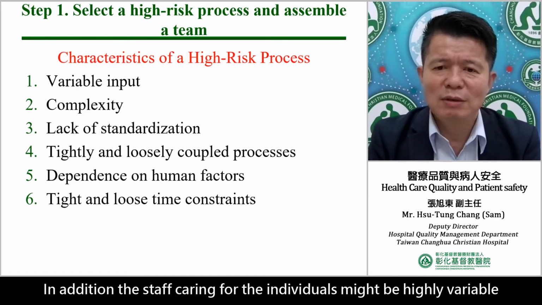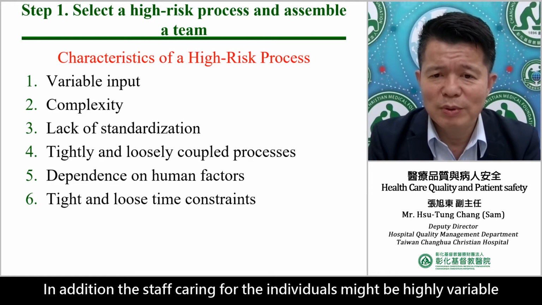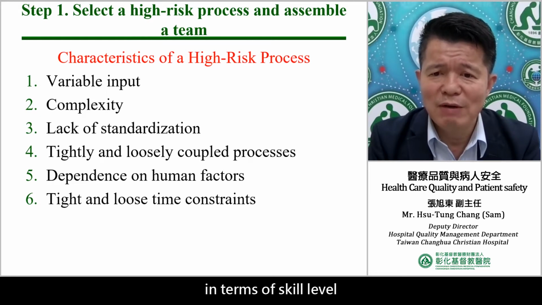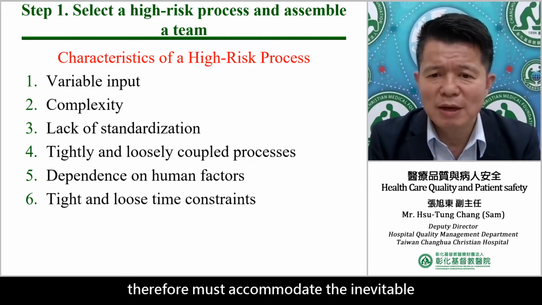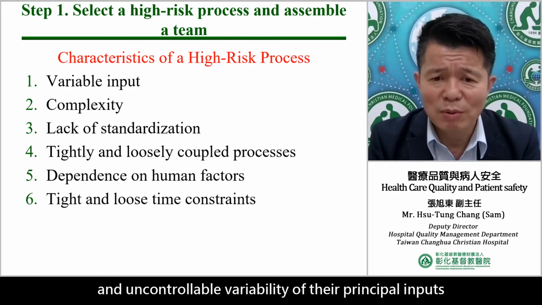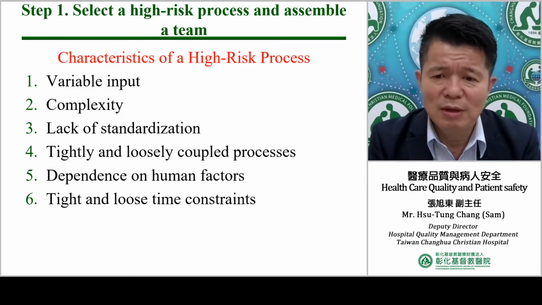In addition, the staff caring for individuals might be highly variable in terms of skill level and approach to the task. The healthcare process, therefore, must accommodate the inevitable and uncontrollable variability of their principal inputs.